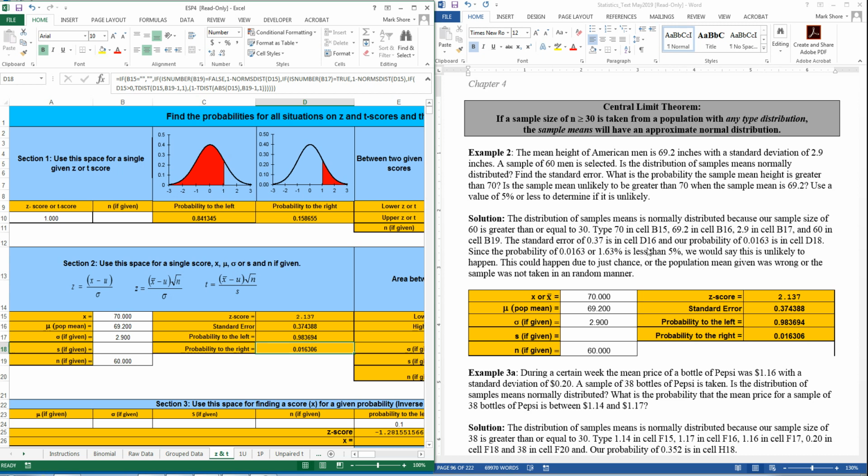So, in other words, since the probability is 1.6%, which is less than a 5% chance, and it says to use a value of 5% or less to determine if it's unlikely, then we would say it's unlikely for this to happen. This could happen due to chance, or the population mean that was given is wrong, or the sample was not taken in a random manner. So I'll stop this problem right here.